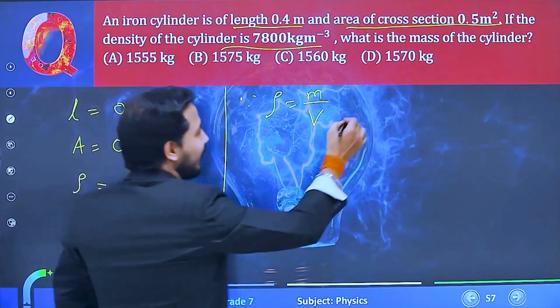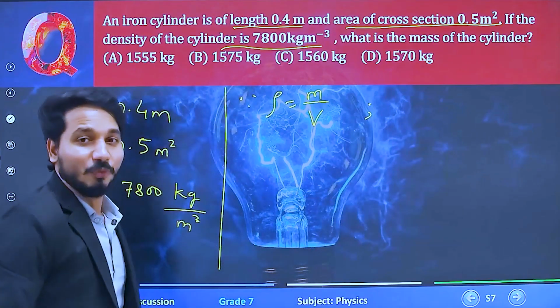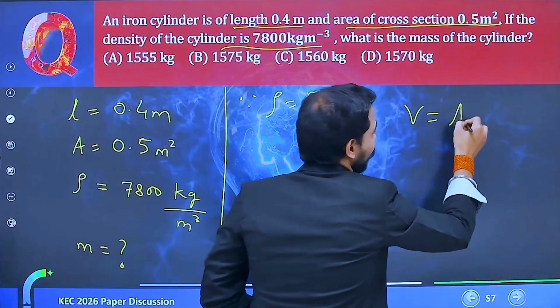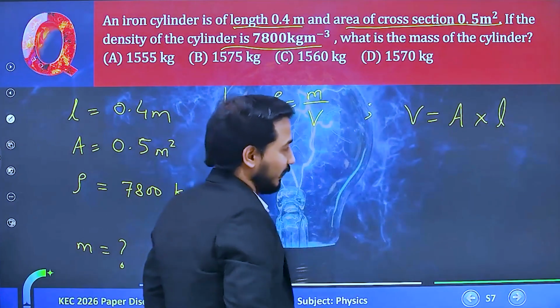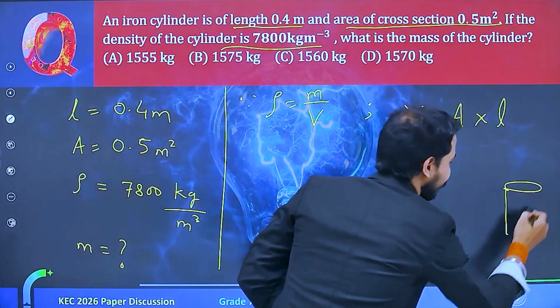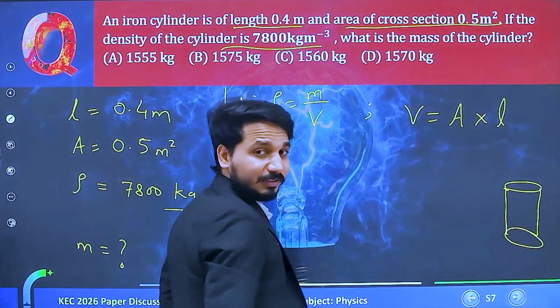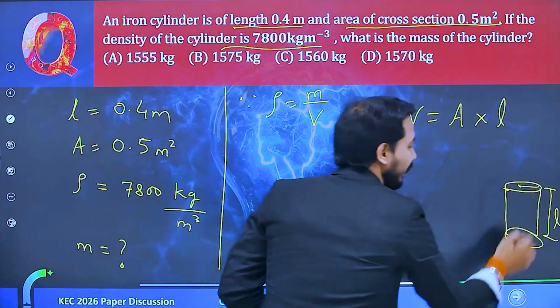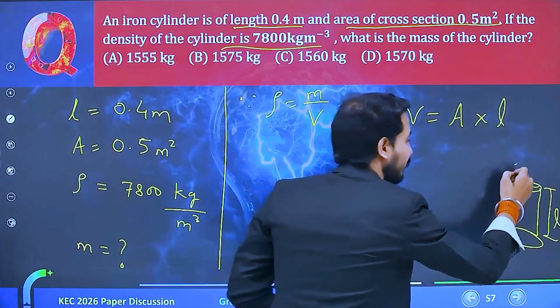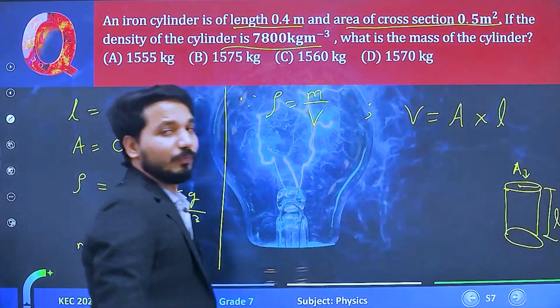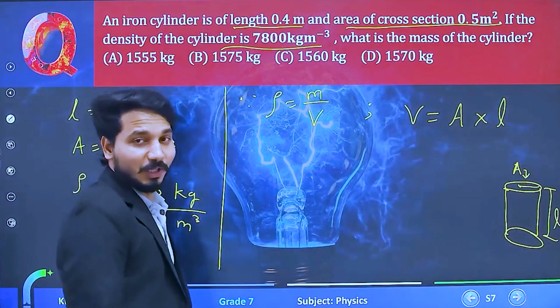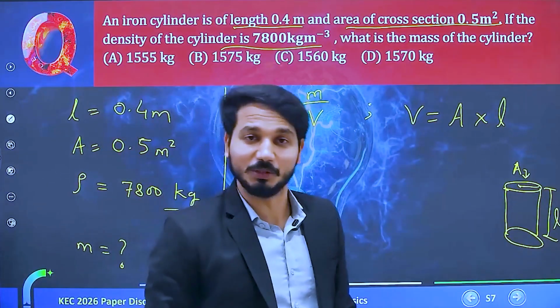So we can calculate volume by using the formula: volume is equal to area into length. It is talking about a cylinder. Length of the cylinder is given, area is also given. So volume will be equal to area into length. This formula we will use for calculating the volume if it is not given in the question.